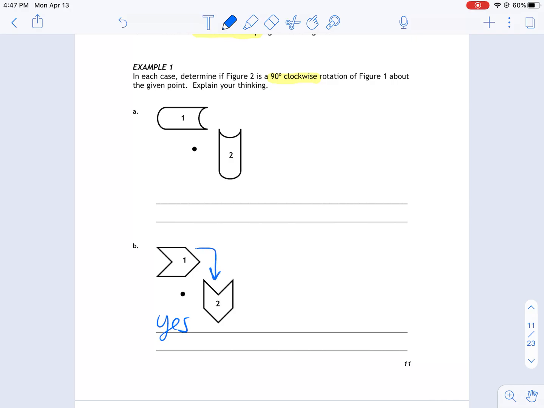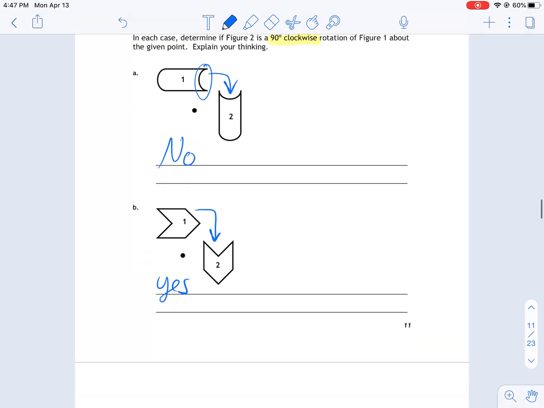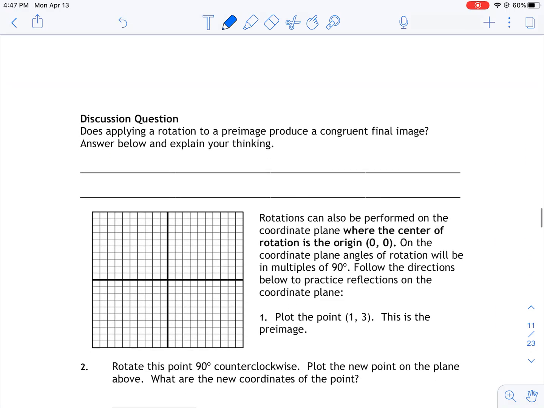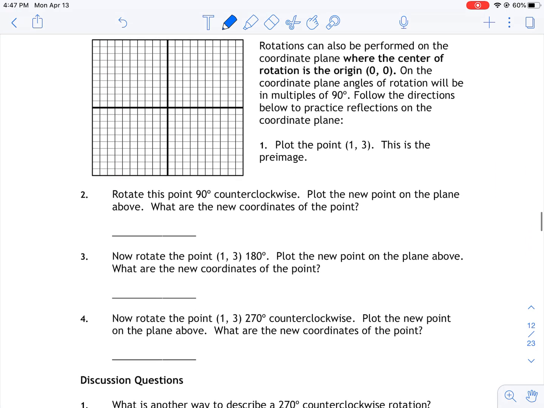For 90 degrees clockwise, the arrow is going to go this way. If it was 90 degrees clockwise for A, the curved piece would be facing upward, but the arced piece is facing the bottom. This one's reversed, so another transformation has been applied on problem A. So A is not a 90-degree clockwise rotation on its own. B is.